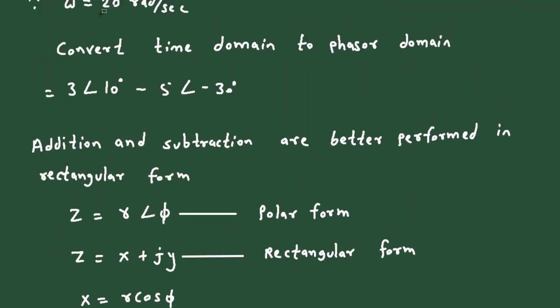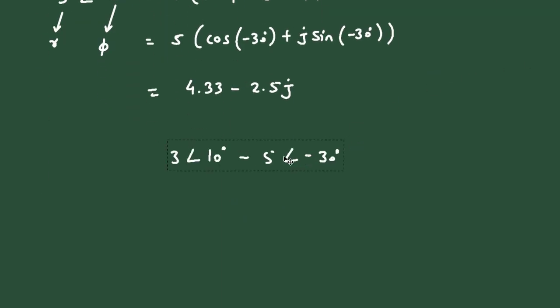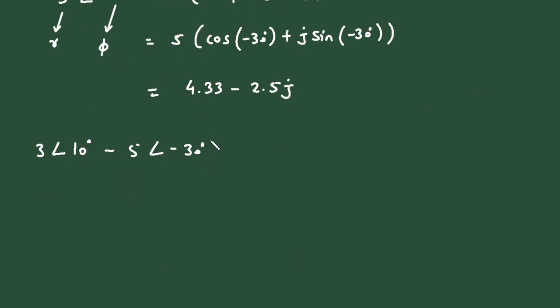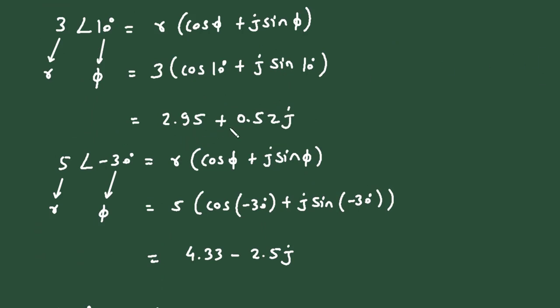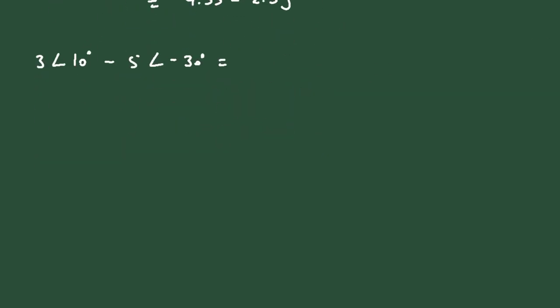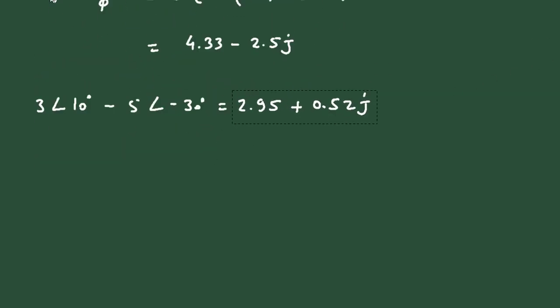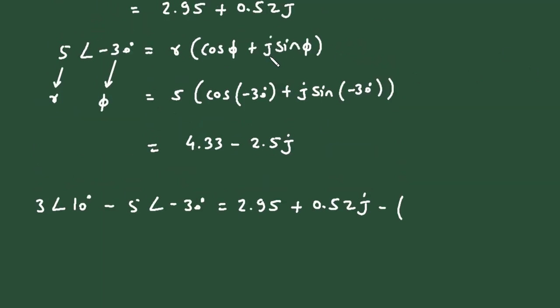So therefore this is equal to, in place of 3 at an angle 10 degree we can substitute this value. Then minus, in place of 5 at an angle minus 30 degree we can substitute this value, and this will be in bracket. So bracket close.